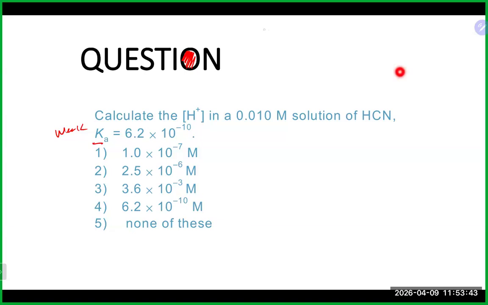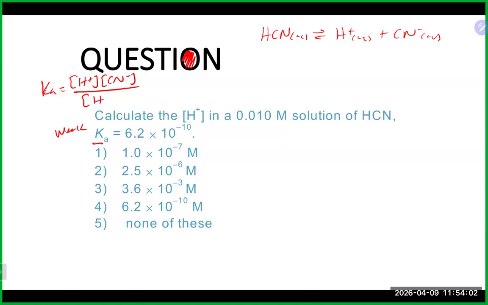So we'll do our ice table here, our HCN, which is our weak acid. We'll break apart into H plus and CN minus. Again, that's going to give us a Ka expression of H plus times CN minus divided by HCN, and that will equal our 6.2 times 10 to the minus 10.